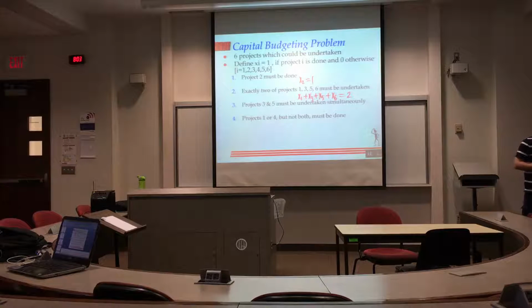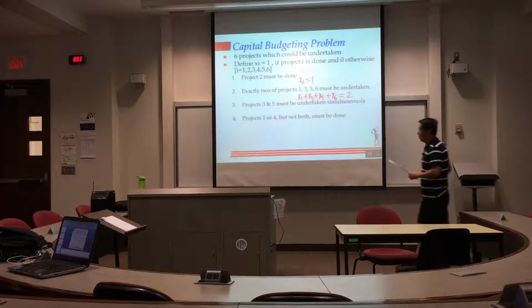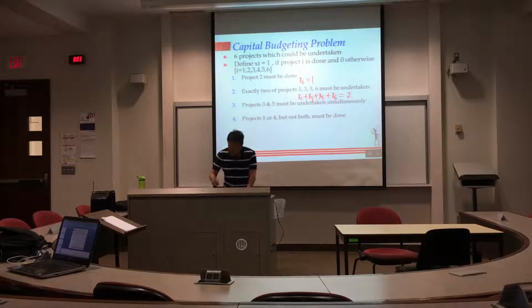I was going to say modulus, x3 modulus 2 equals x5 modulus 2. Modulus? Yeah, so it's the remainder of the division. Remainder of the division, but that's not a linear constraint. Okay. Can be done, yes. Okay, so we can simply write x3 equals x5.